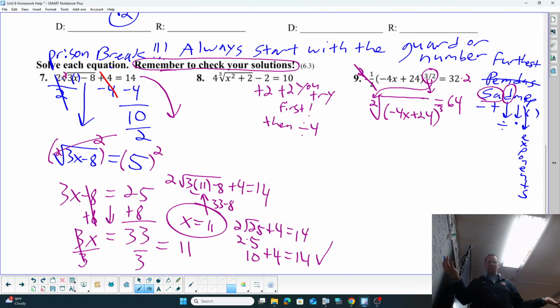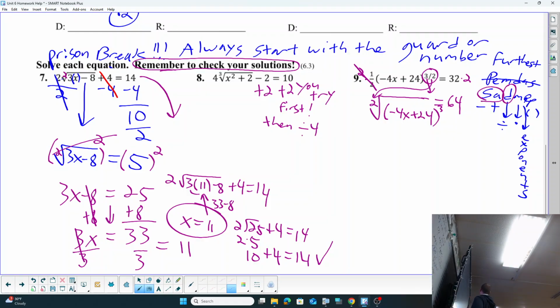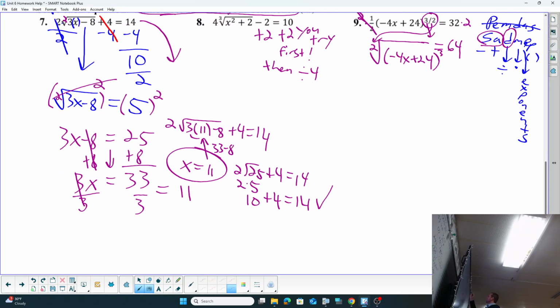And so, do you remember what you do next? You had to rewrite that exponential fraction. You could cube root both sides first, or you could square both sides to get rid of the radical. We're going to end up doing that. So we're going to power 2.